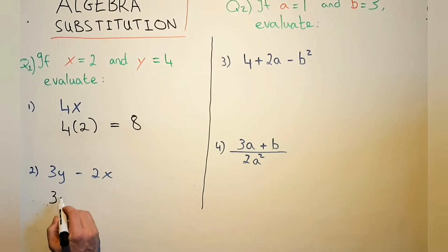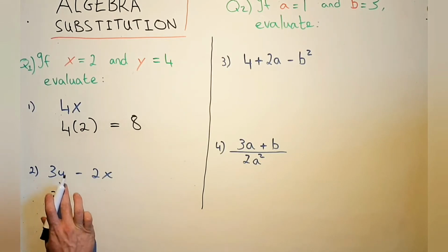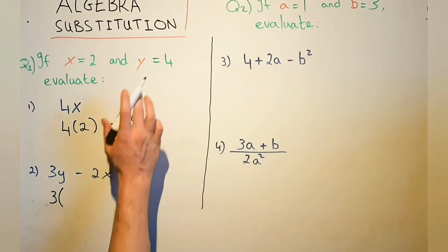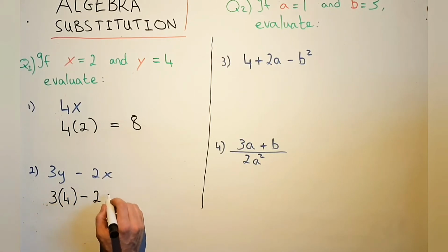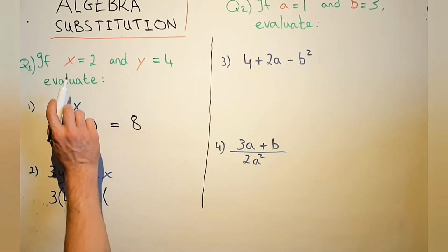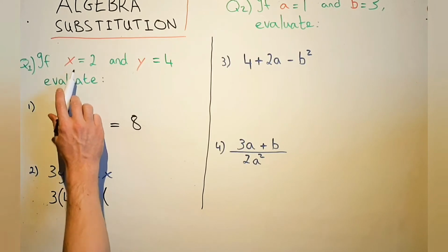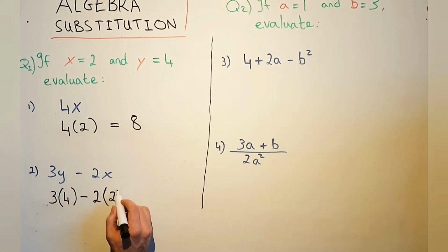We'll have 3 multiplied by y, which we know to be a value of 4, then a minus, then a 2 being multiplied by x, which we know is 2.